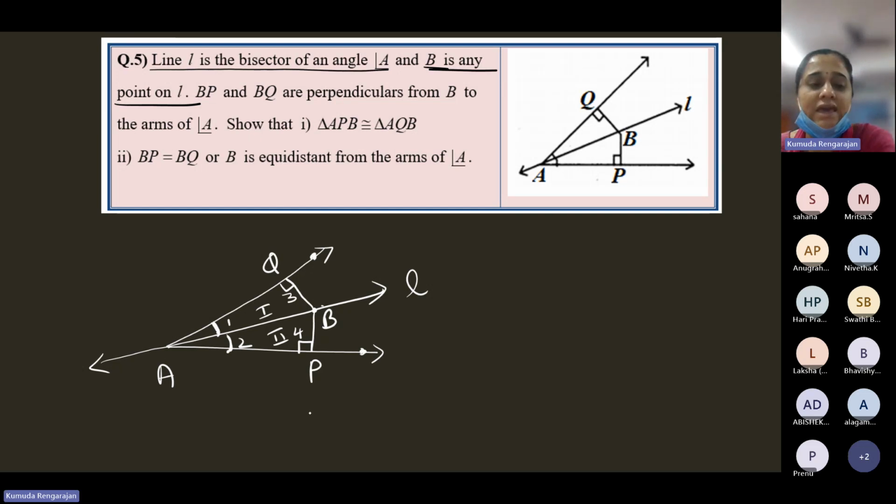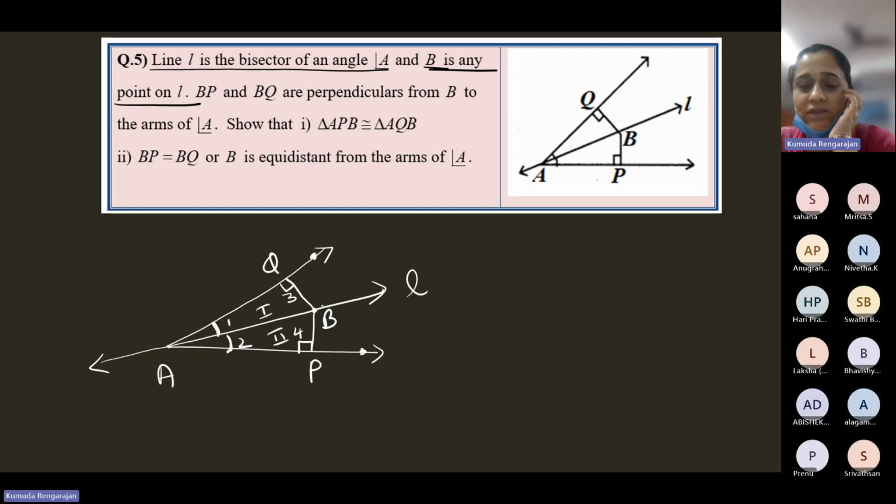So by AAS, because this is two angles and some other side: angle 1, angle 3, and some other side AB. Now, who can tell me which is the side included by angle 1 and angle 3? AQ.